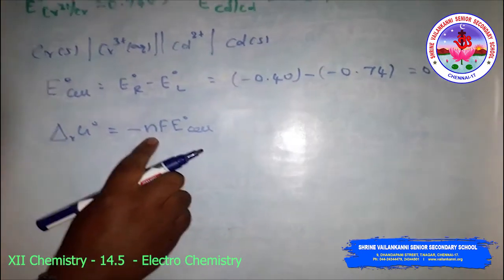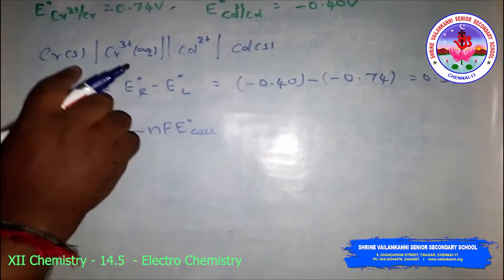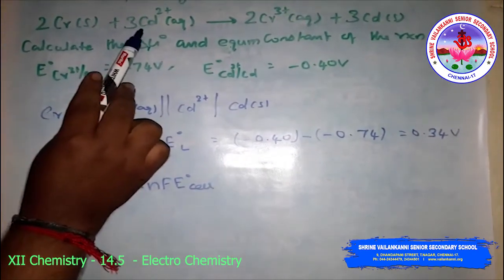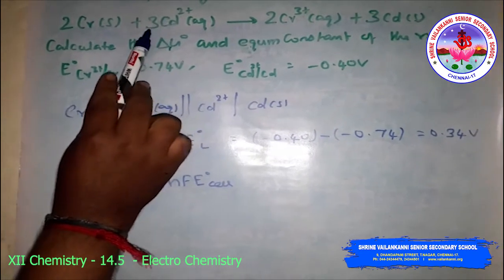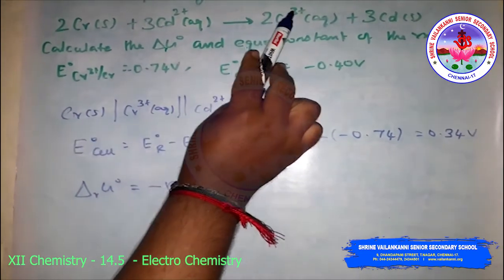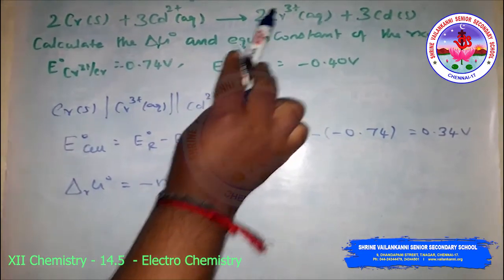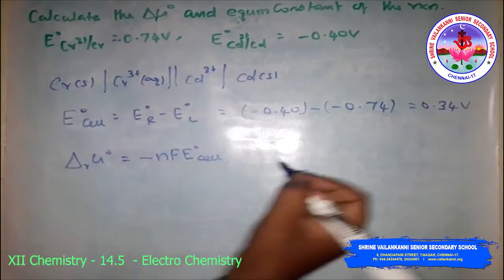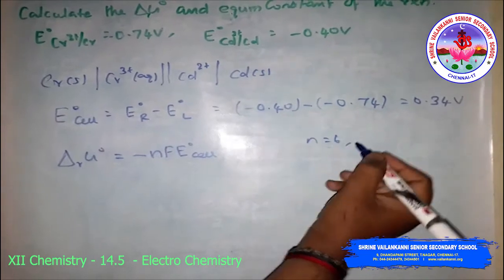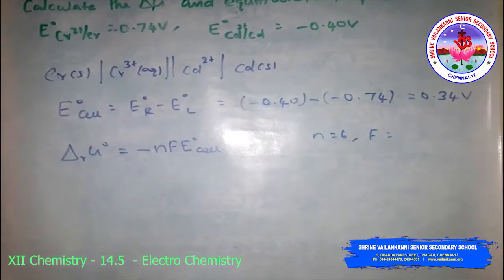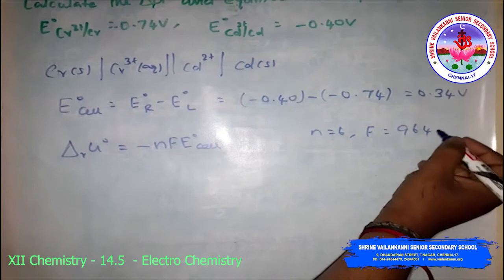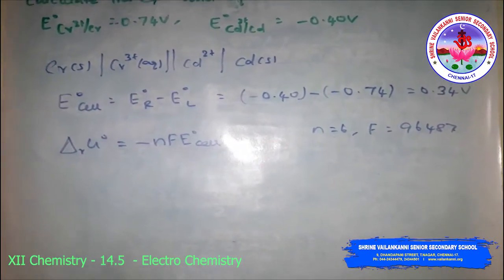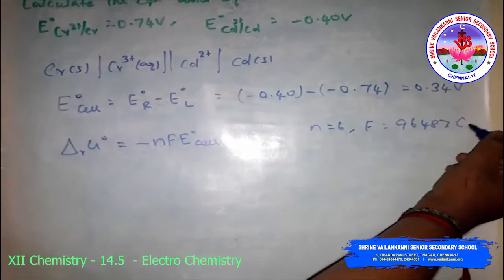Here the number of electrons is 6, because in the reaction, 3 moles of cadmium 2 plus, that is 3 into 2 is 6, and 2 moles of chromium 3 plus, so 2 into 3 is 6. So n is equal to 6. One Faraday is 96,487 coulombs per mole.